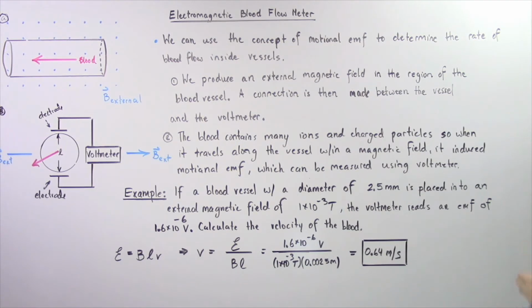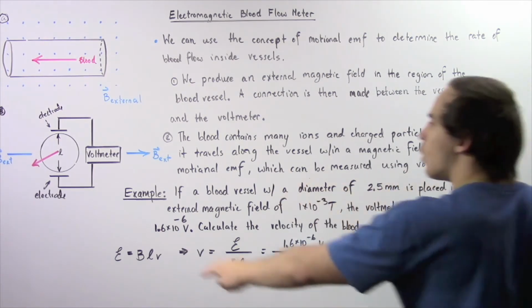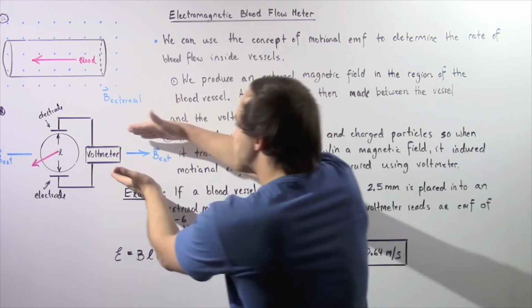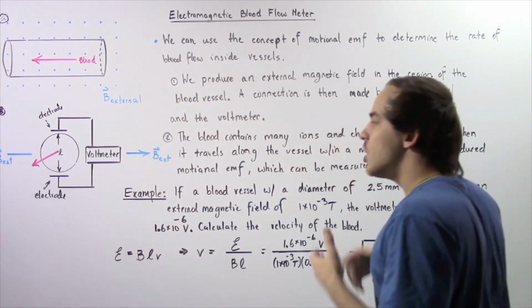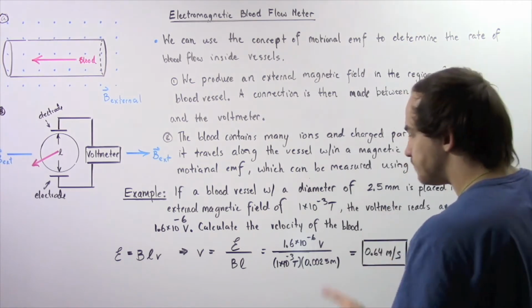So when the blood flows along the vessel within a magnetic field, it acts as a moving conductor and induces a motional EMF, which can be measured using our voltmeter. Once we measure that induced EMF, we can then calculate the velocity of our blood.